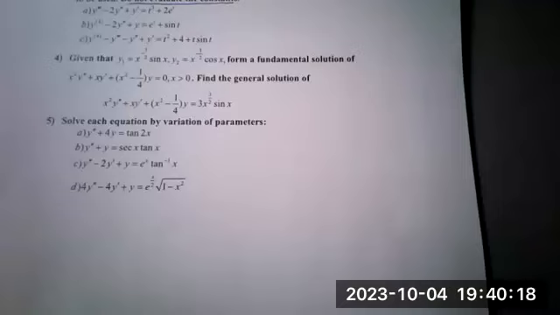So you have to find the yc, which would be c1 y1 plus c2 y2. And in order to find the yp, remember, you are going to change it to u1 y1 plus u2 y2. Make sure you have the correct formula, and it takes a little bit more time to do this one rather than the other one.